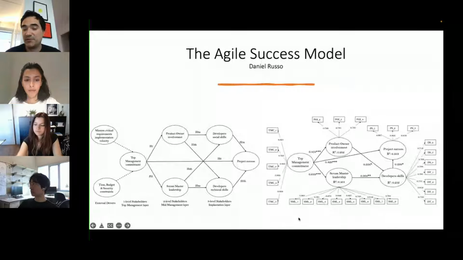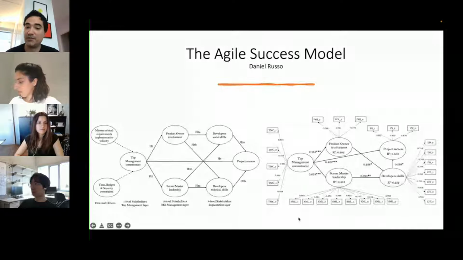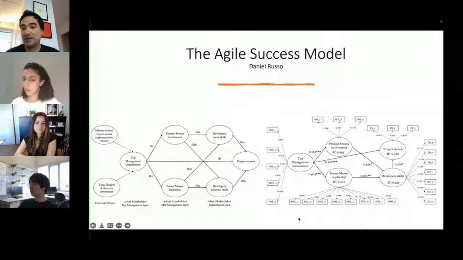As I mentioned before, with a quantitative investigation, I was able mostly to confirm my theoretical model with one main difference, that apparently there is no semantical difference between social skills and technical skills of developers. So with this small change, you can see on the right the actual validated model with its relations and with the strengths of a relation.